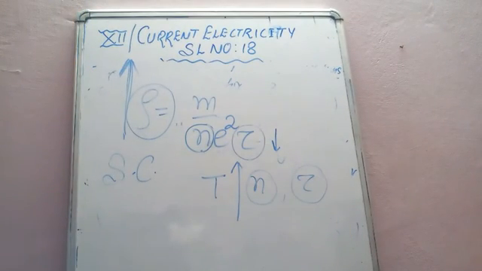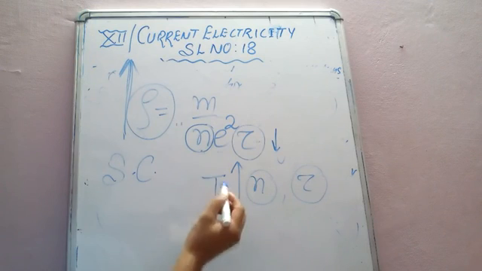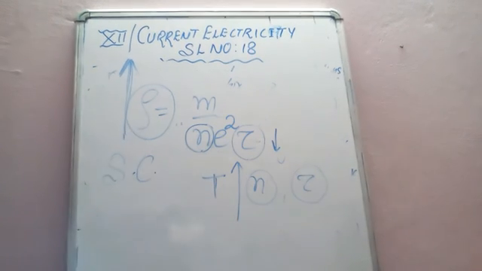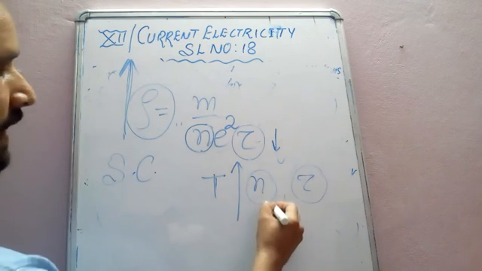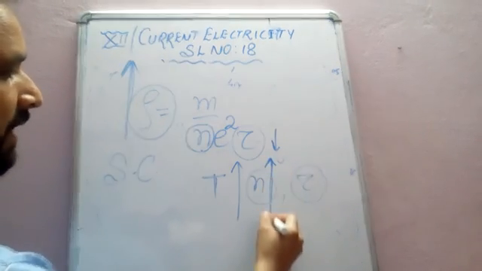Whenever temperature starts increasing, the number of covalent bonds breaking in a semiconductor increases, and due to the breakage of covalent bonds, the charge carriers increase, meaning N starts increasing many times.